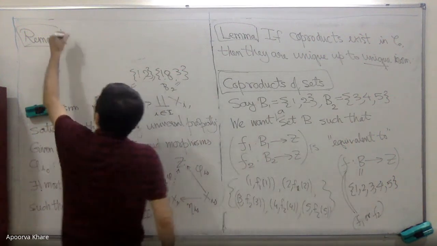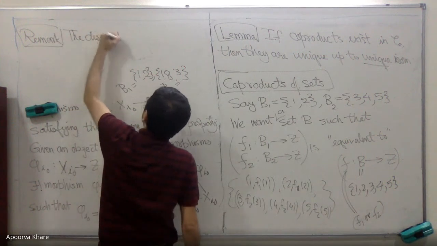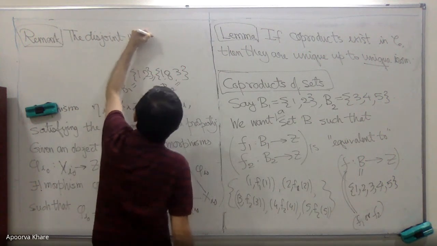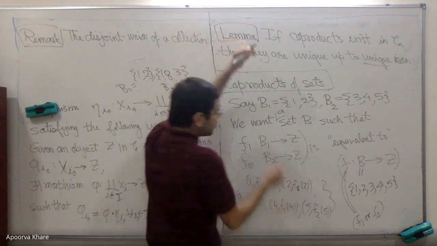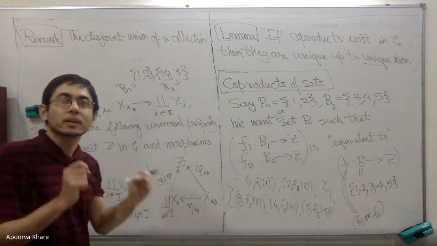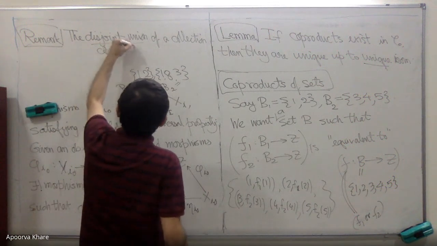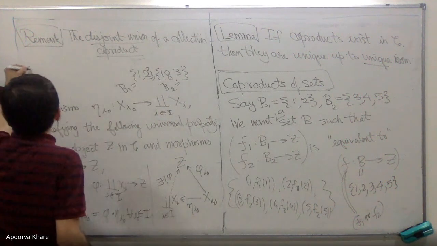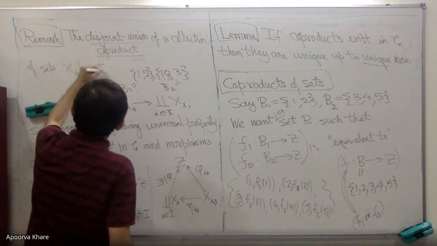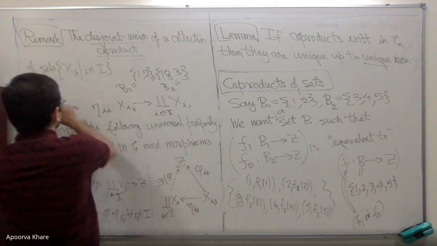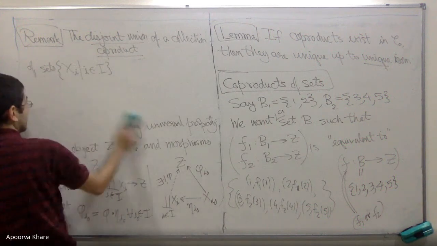So for instance, the disjoint union of a collection of sets, even if those sets have some overlap. When you want to take the disjoint union, or the coproduct, of a collection of sets, it is going to be done as follows. I will keep track, as I said, of which set it's coming from.